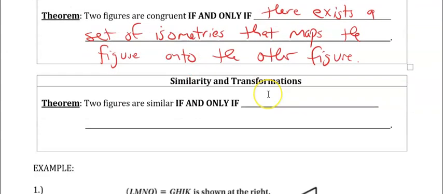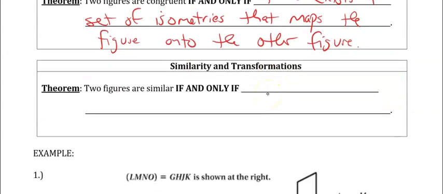Now let's adapt that slightly though. So now if we want to show that things are similar, it would be a set of isometries. So I'm being lazy and efficient in doing that. It's the same as up there. There's a set of isometries and a what? If I'm trying to prove that this figure is similar to this figure, I would go over and reflect it, I would translate it, and then what would I do?